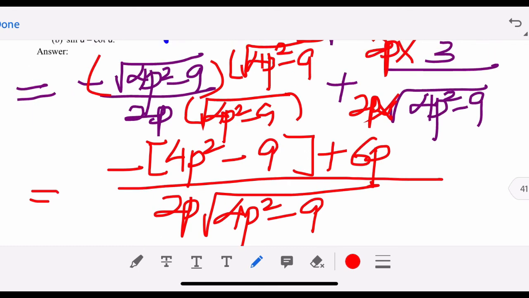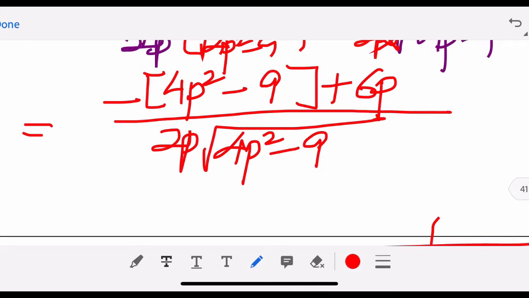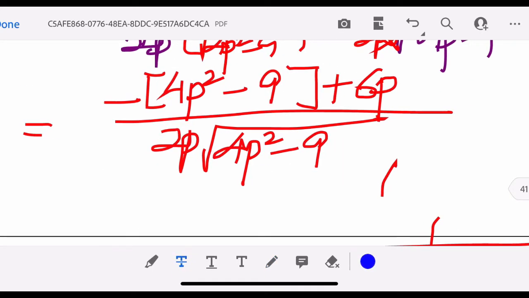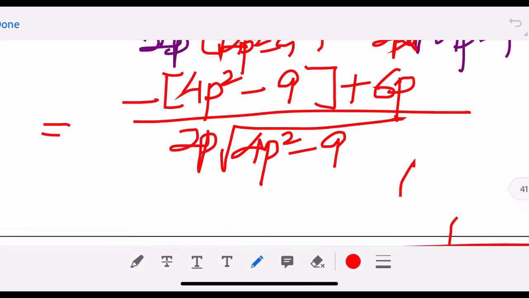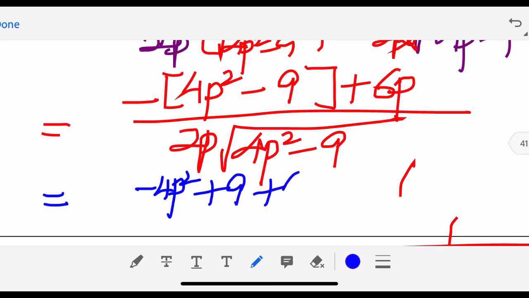So finally the answer that you are supposed to write should be negative 4p squared plus 9 plus 6p, over 2p.